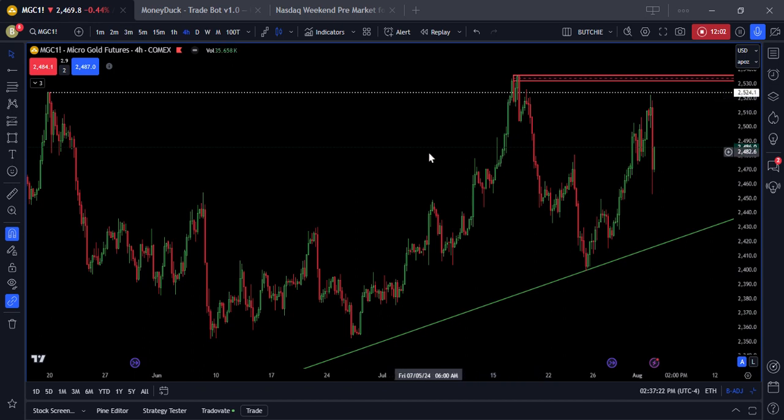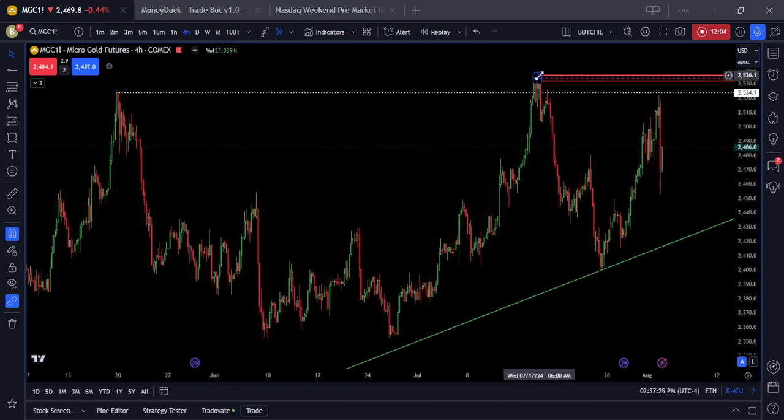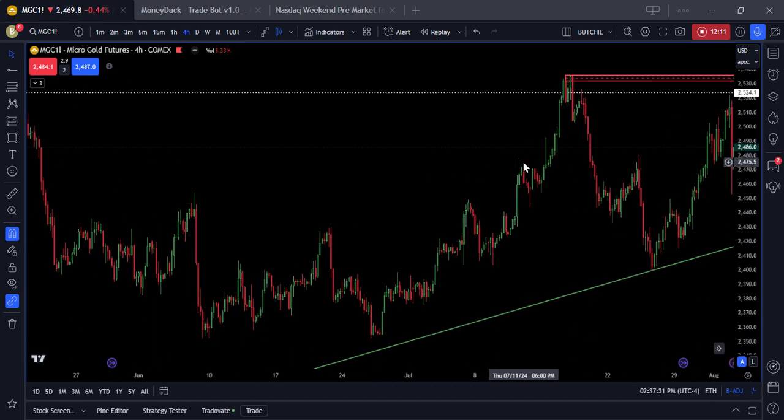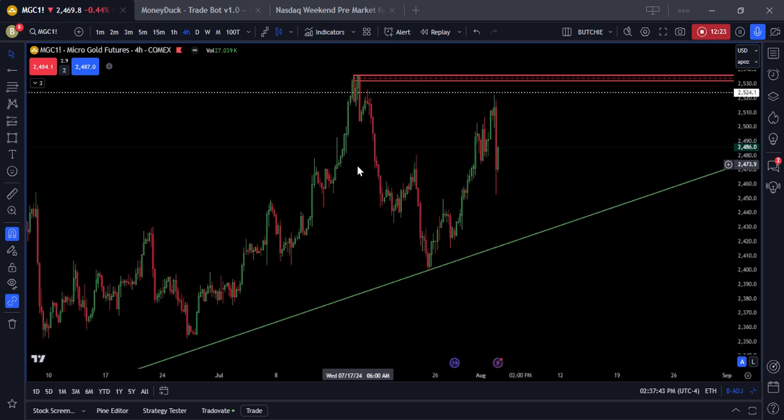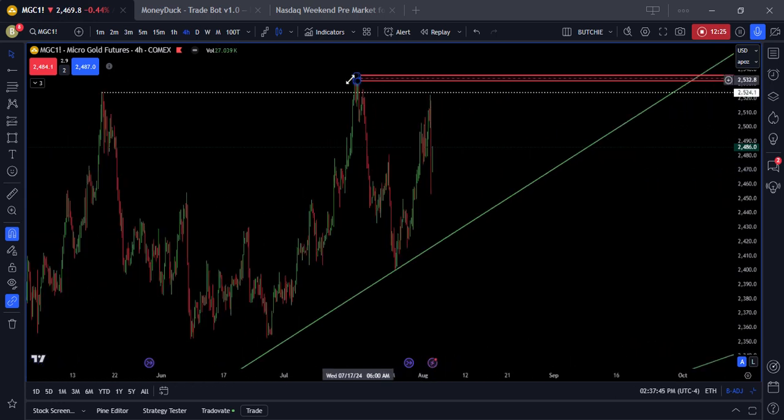Again, I don't care what you call it. It made a higher high, which is still a bullish signal, but you can call it a liquidity grab. That's what happened. It's the market makers coming in, and they need to take out these orders in order to get their orders on. So basically higher high in there, but that's what we're using as a zone above.